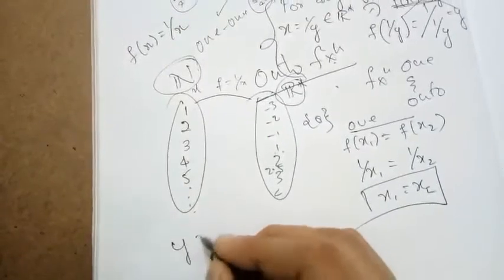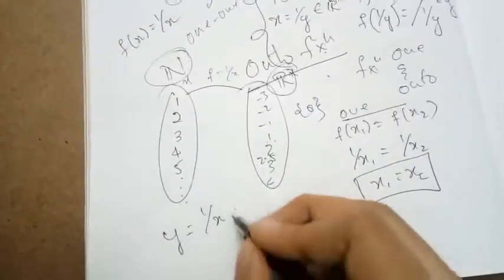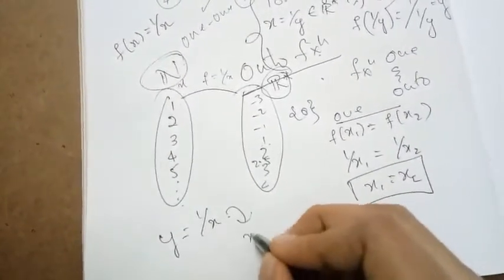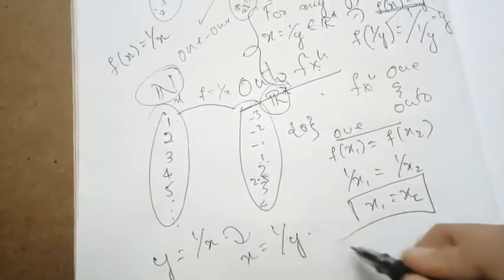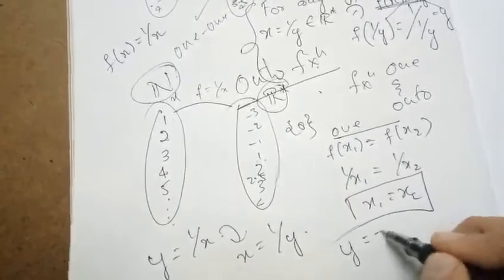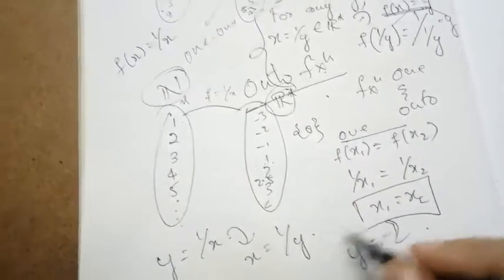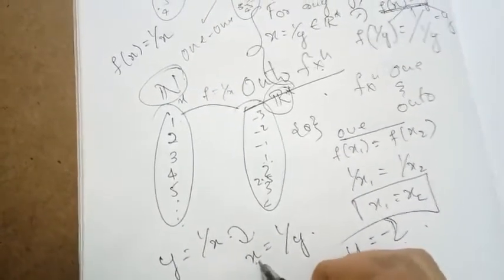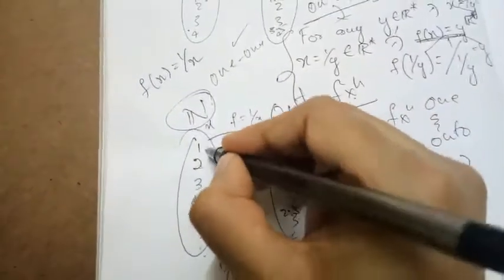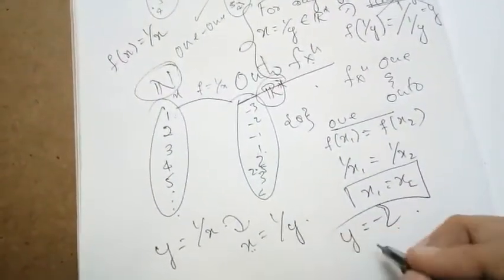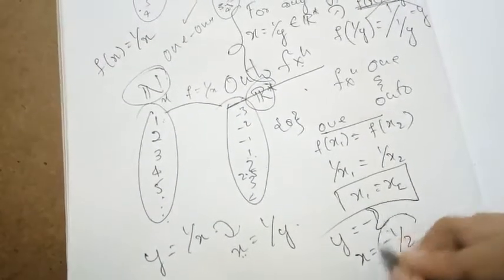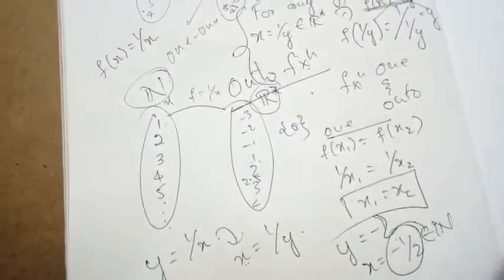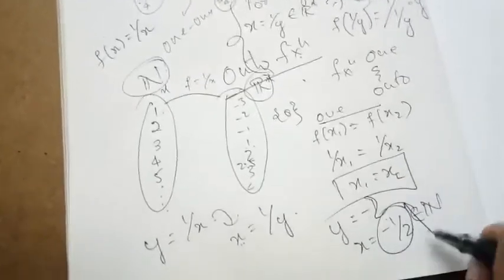Our function is y is equal to 1 by x. To check for onto we reverse it, that is x is equal to 1 by y. Suppose you take y is equal to -1 or -2, whether there exists any x in the set of natural numbers, so that our x value will be -1 by 2. Whether -1 by 2 belongs to the set of natural numbers? No, it does not belong to the set of natural numbers.